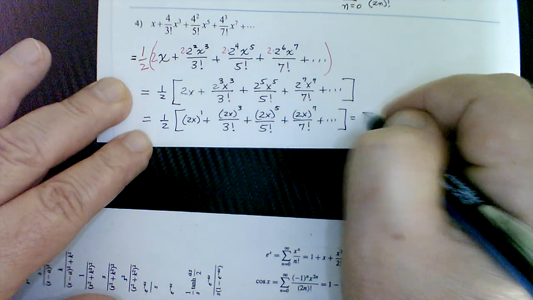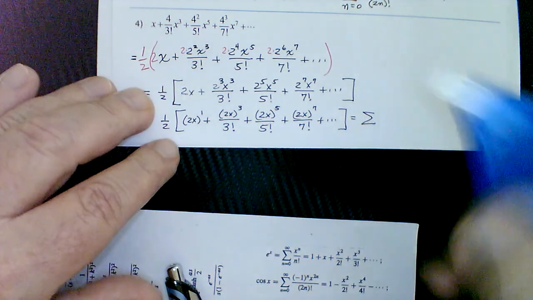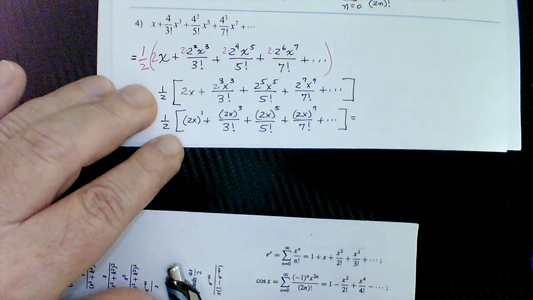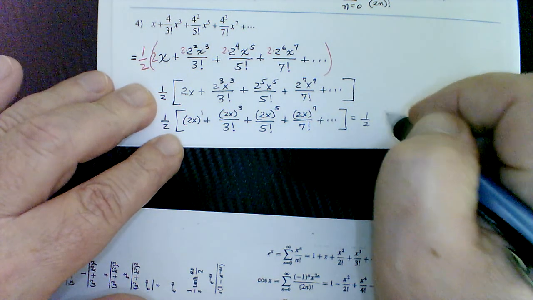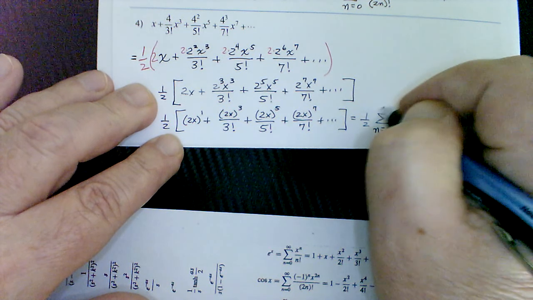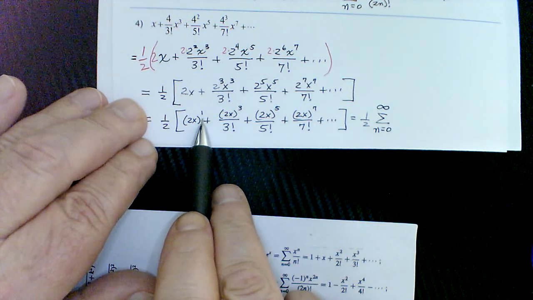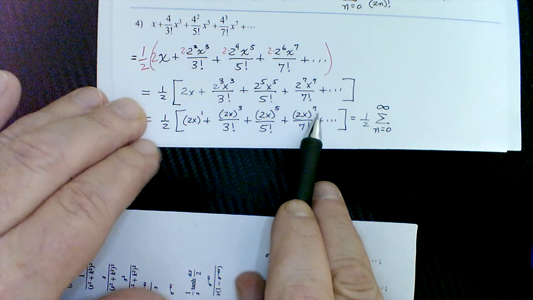Which, as an infinite sum, is, well, we've got the 1/2 out in front. And then as an infinite sum, what's in brackets, always starting at 0 to infinity. Okay, they're following the pattern of 1, 3, 5, 7. That's the odd numbers, so 2n plus 1.